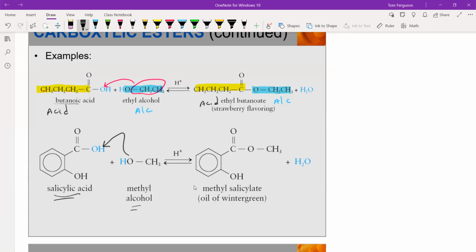All of you have had wintergreen gum, I'm sure. Anyway, it's very easy to make. So salicylic acid also is a solid, and this ends up being a liquid. So the physical characteristics of an ester sometimes can be quite different than the parts that put it together.